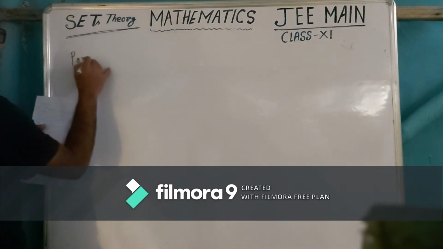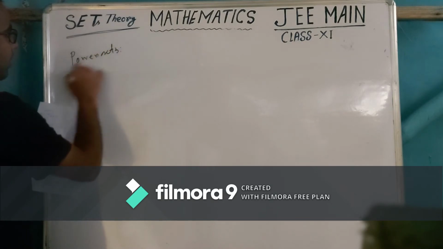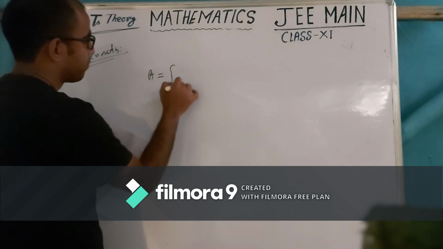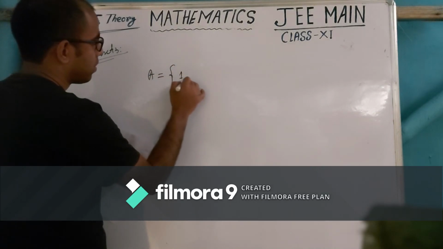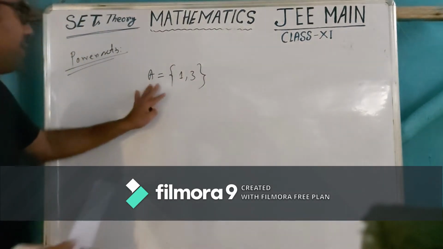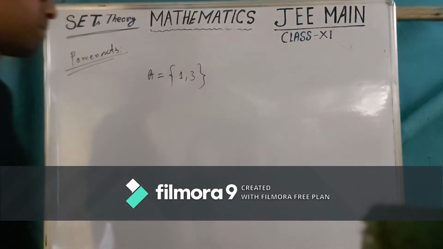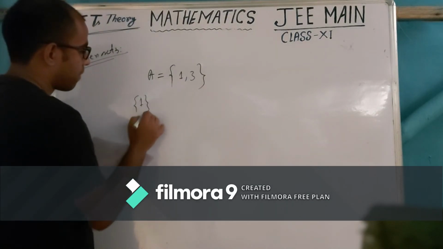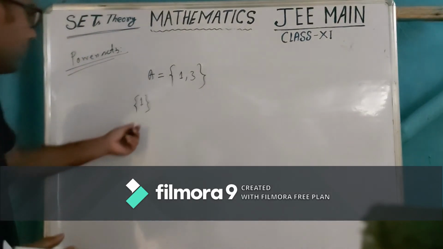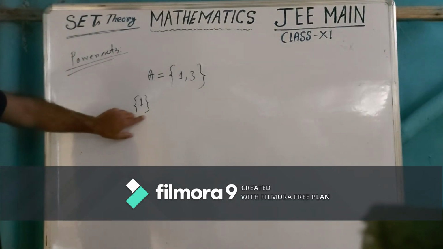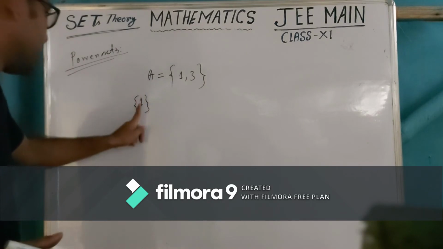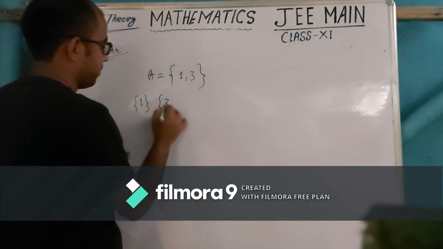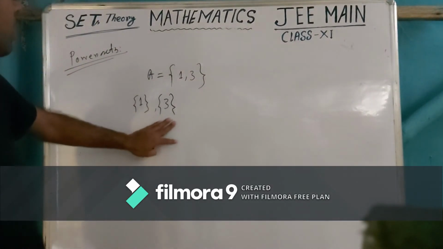Next we define power set. Suppose we consider a set A equal to {1, 3}. We see that {1} is a set which is a subset of A because 1 belongs to A. Again {3} is a subset.